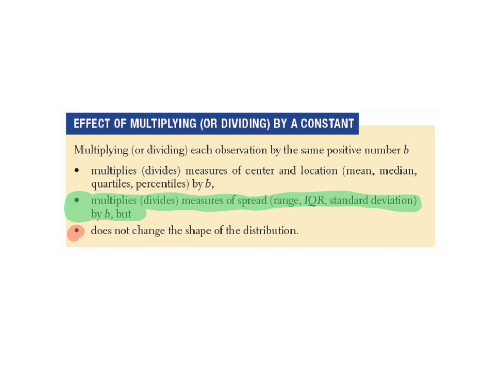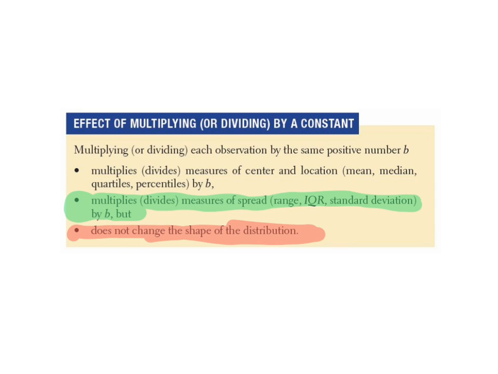Where the measures of spread, IQR, standard deviation, those are all going to change. So almost everything changes except for the shape when we multiply. Okay, that's a quick way of remembering it.